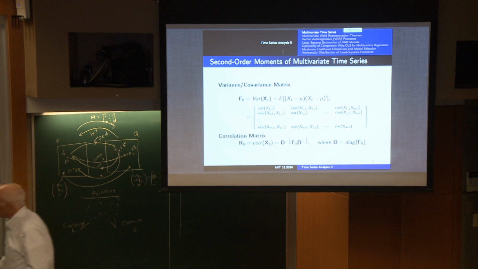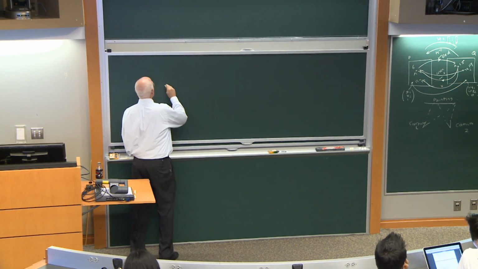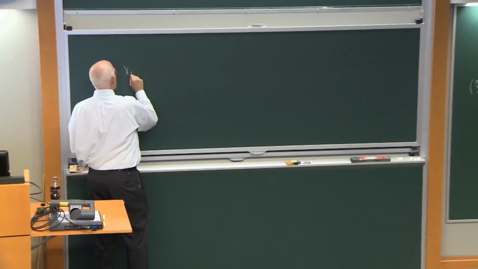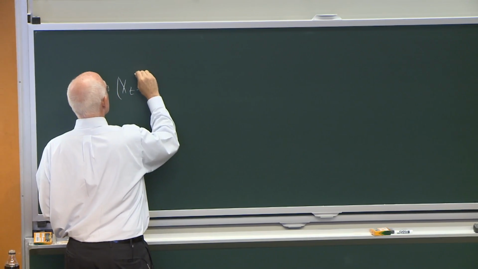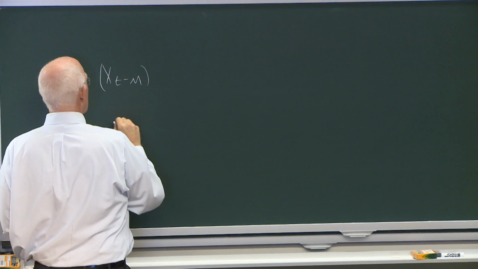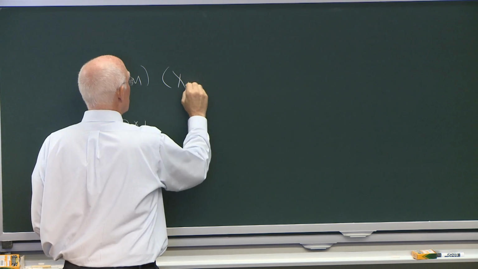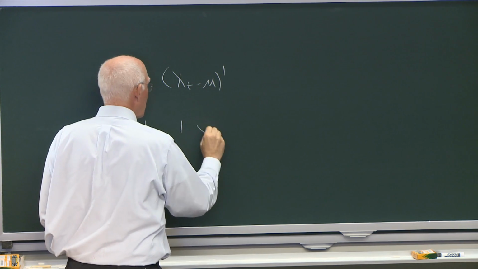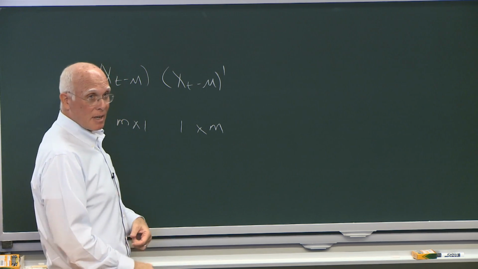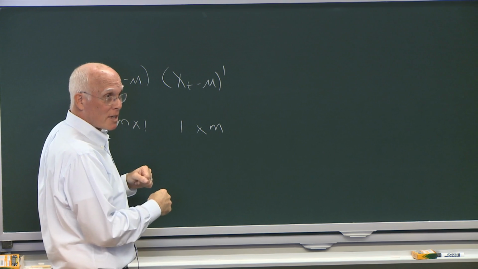When we write that down, we have x_t minus mu, which is an m by 1 vector, and then (x_t minus mu) prime is a 1 by m vector. And so the product of that is an m by m quantity.